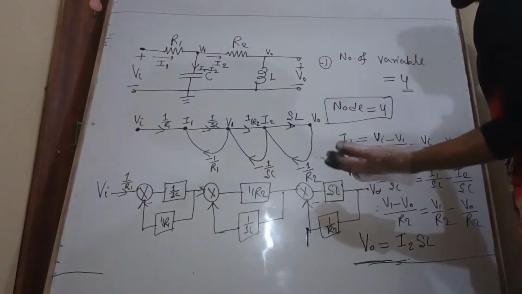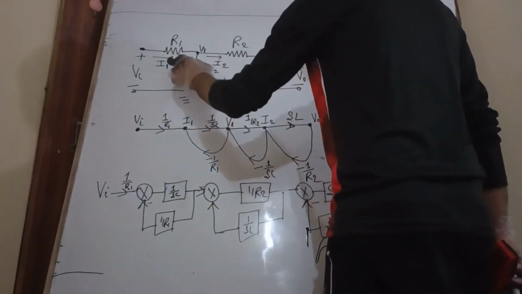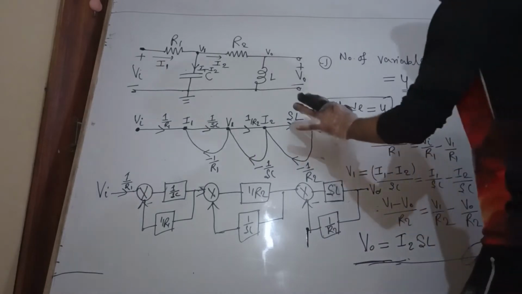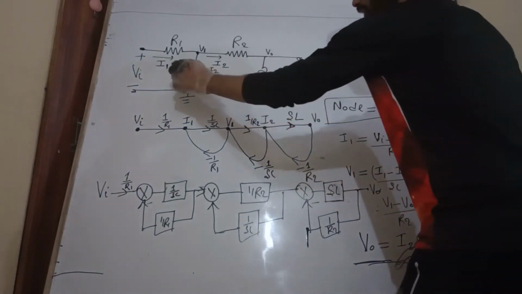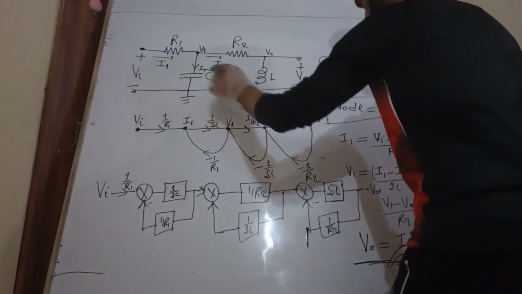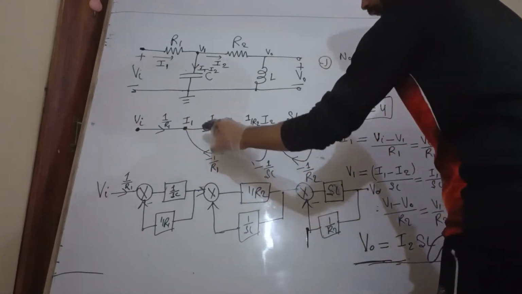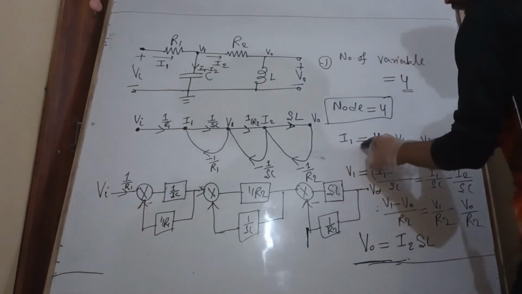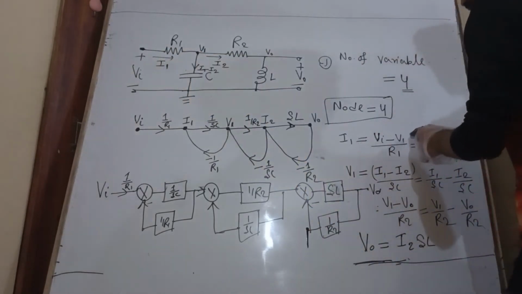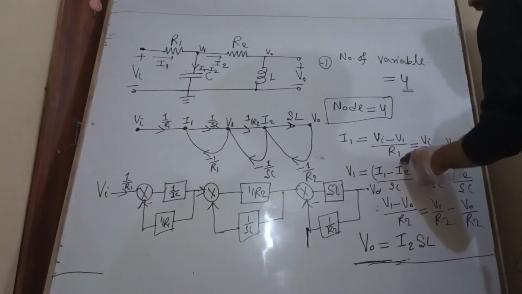The next procedure is to write the equation for each node. Like I1 node equation: I1 is equal to (vi minus v1) by r1.